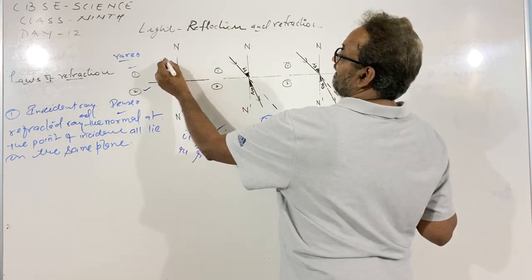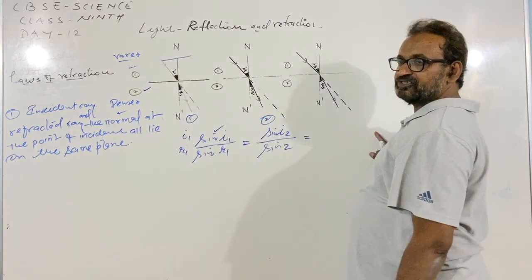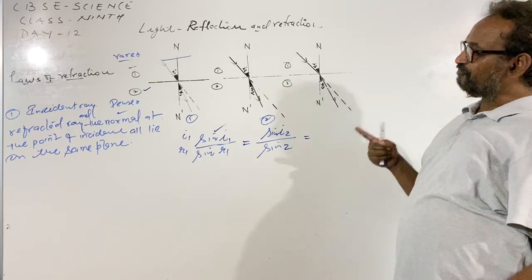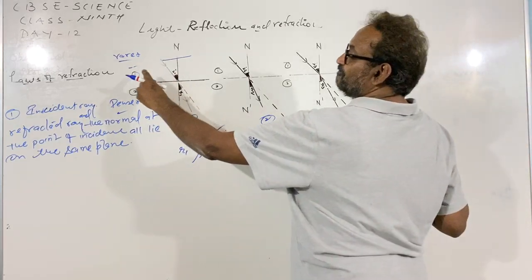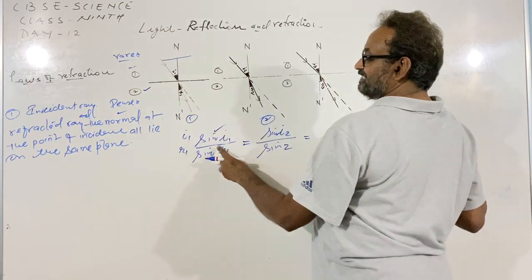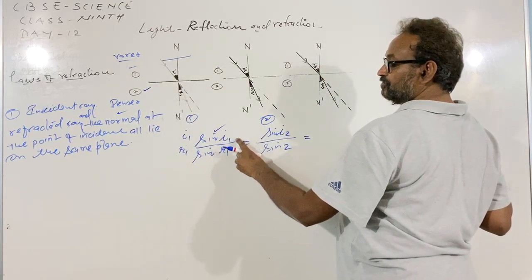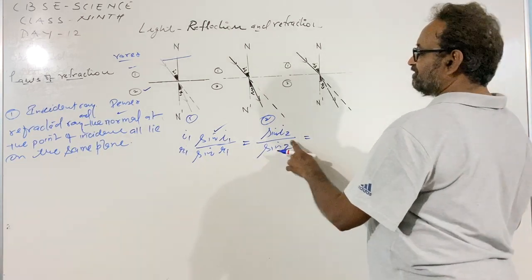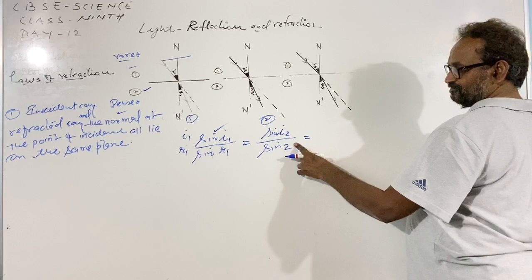Moreover, the color of the incident light is also constant. It does not change. So for a given pair of media, the ratio of sine of angle of incidence to the sine of angle of refraction is a constant value.